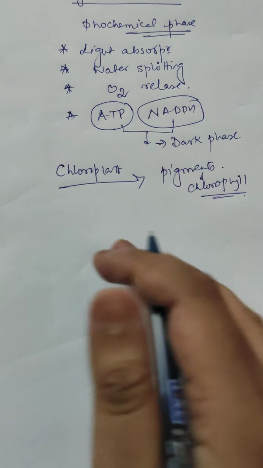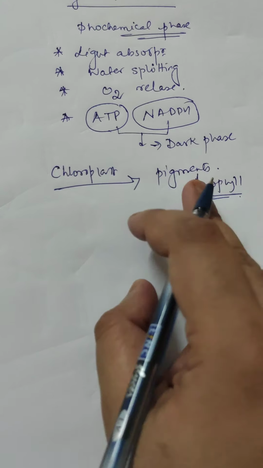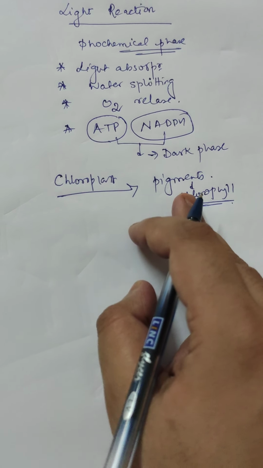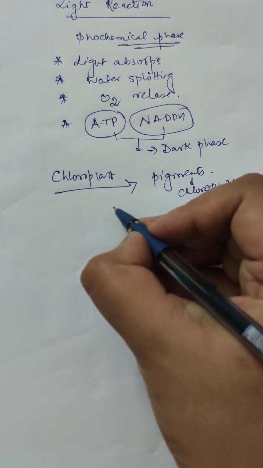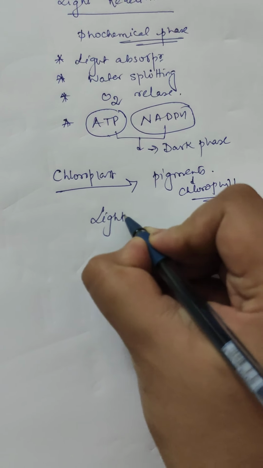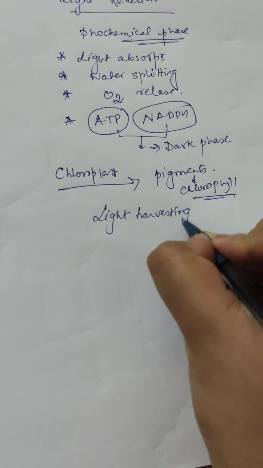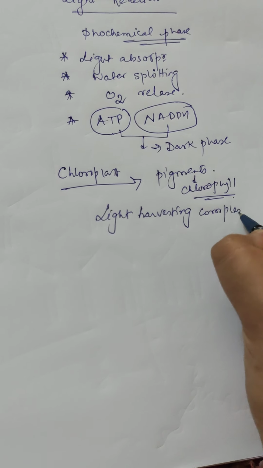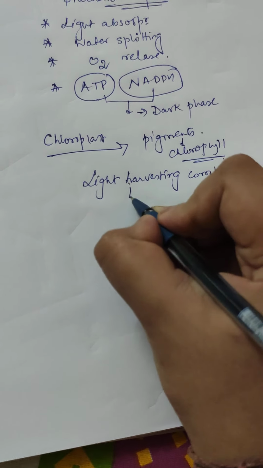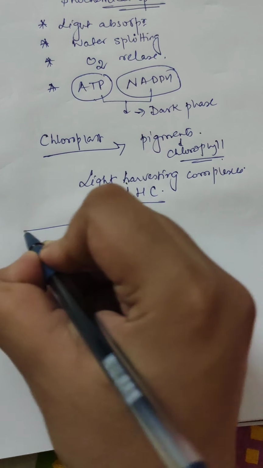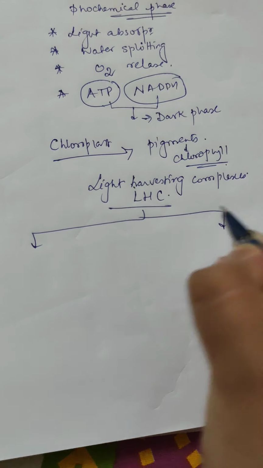These pigments are organized into two discrete light harvesting complexes, which I'll call LHC.